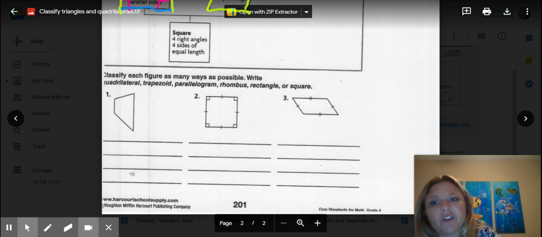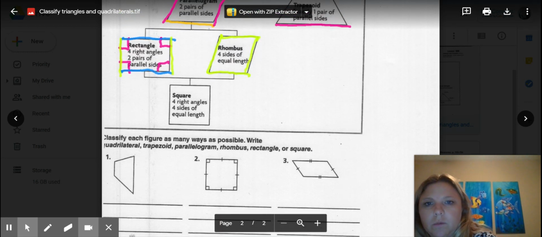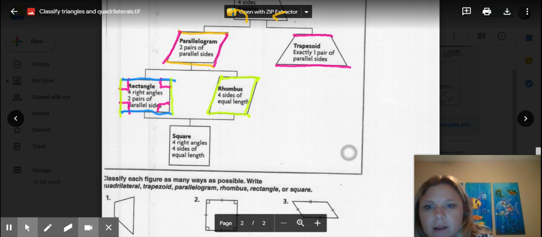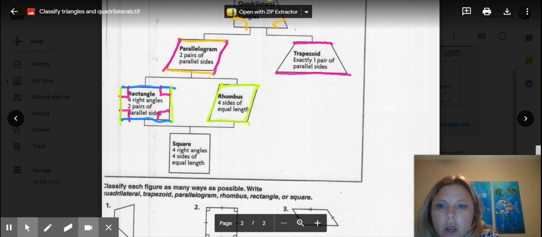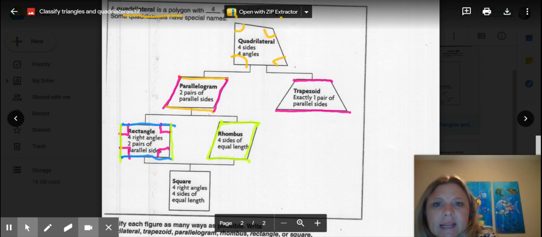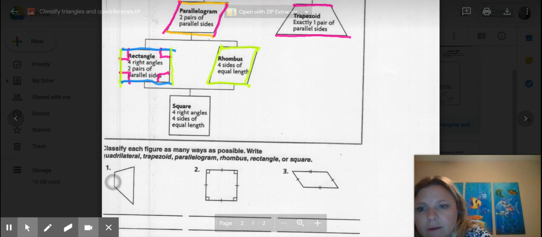So let's look at this first one right here. What would this shape be considered? Well, if I go up and I look at my images, and I'm actually going to, let's see, can I fit it all in one spot? Barely. Okay. So if I look at this image, could this be possibly a quadrilateral? Well, a quadrilateral says that it has four sides, four angles. Does this have four sides? 1, 2, 3, 4. Yes.